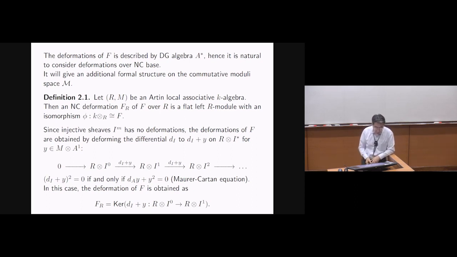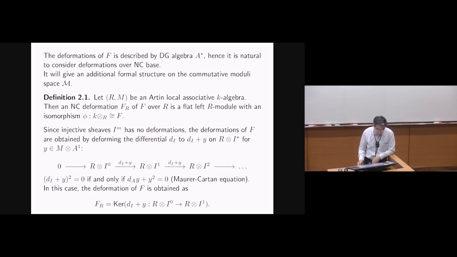So this is the formal definition of the non-commutative deformation. So let R, m be an Artin local associative algebra. So it is not commutative. It is not a usual local ring, but just associative, with a unique maximal ideal m. m is a two-sided ideal.